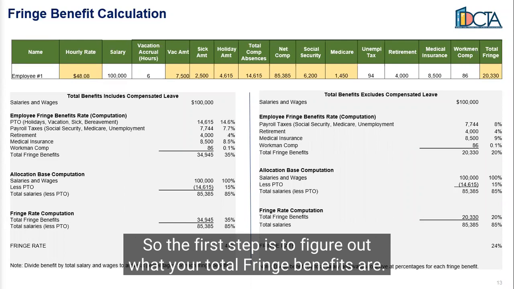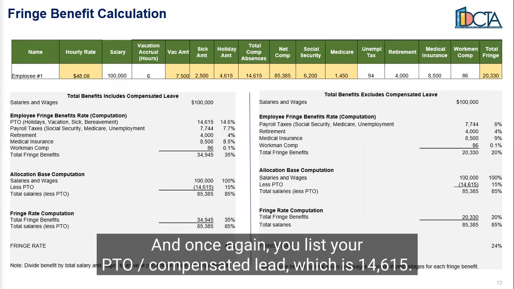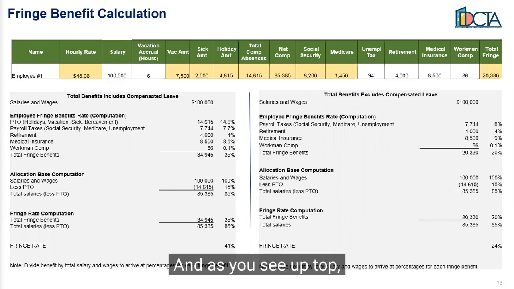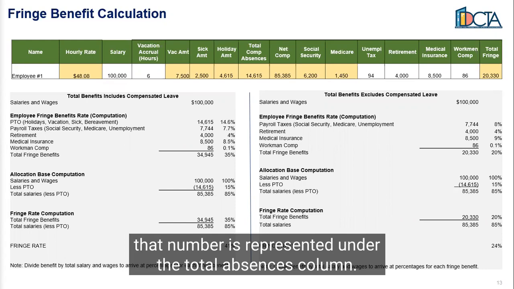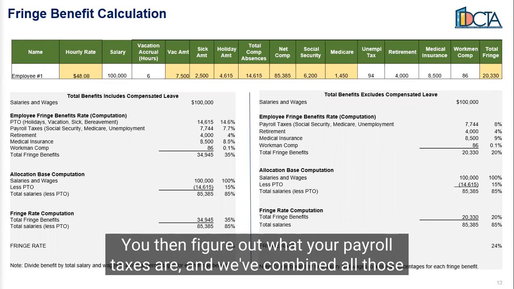So the first step is to figure out what your total fringe benefits are. And once again, you list your PTO/compensated leave, which is 14,615. And as you see up top, that number is represented under the total comp absences column. You then figure out what your payroll taxes are.